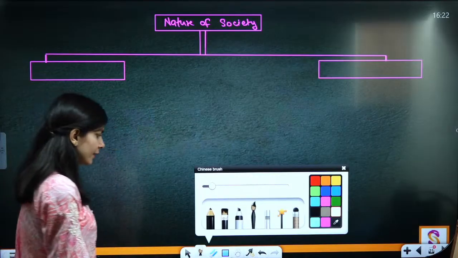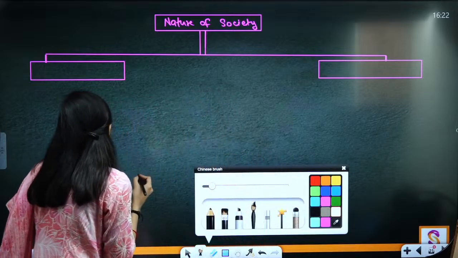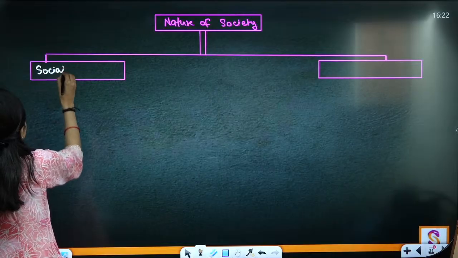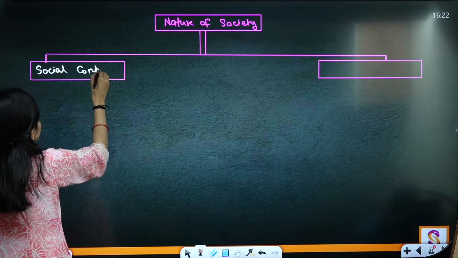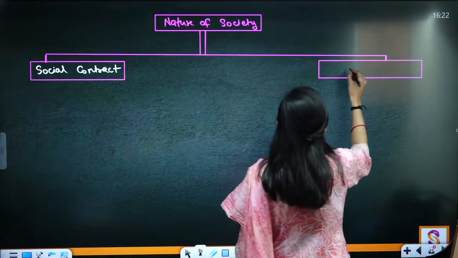As specified by Aristotle, there is the social contract theory as well as the organic theory.